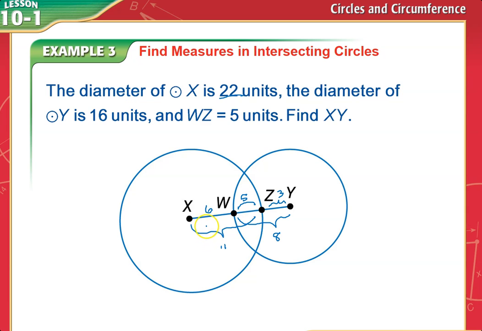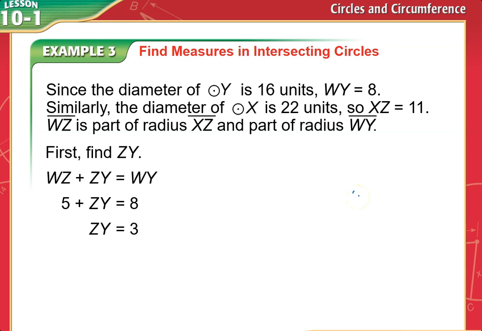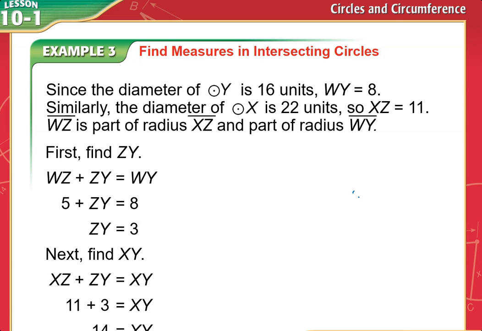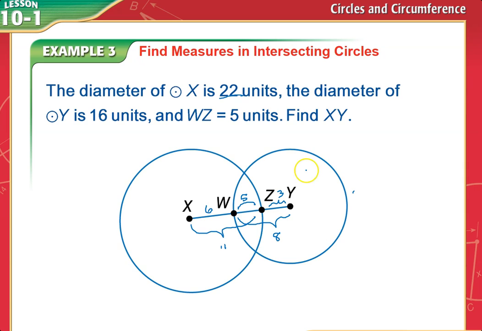So if we want the length between X and Y, we have X to W, W to Z, and then Z to Y. So we have 14. Look back at our picture. That's how they solved it, showing all these fancy steps. But we have 6 plus 5 plus 3, which is definitely 14.